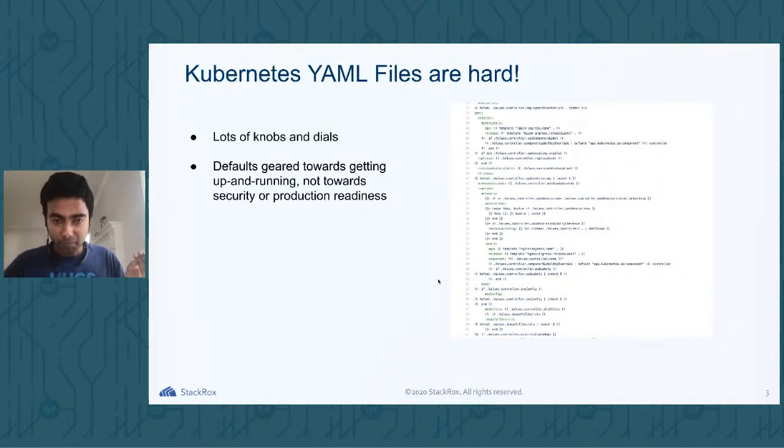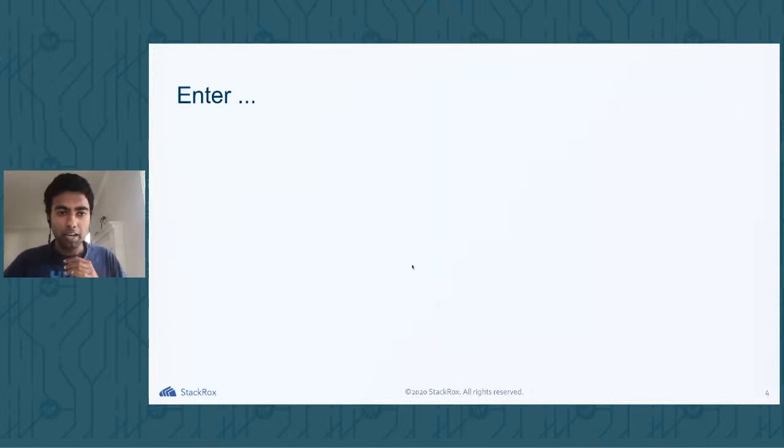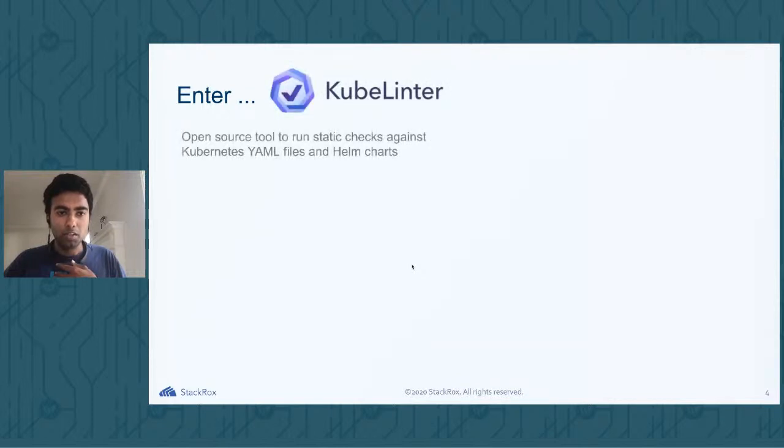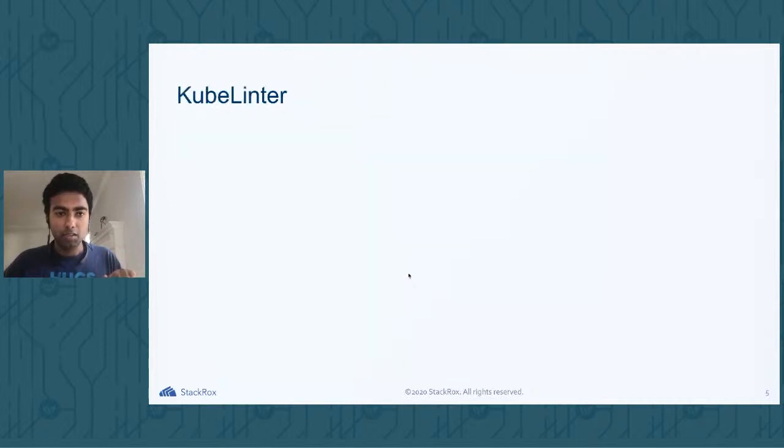And so you find configuring YAML files and deploying your applications into Kubernetes can be pretty challenging. And KubeLinter aims to help part of this problem. So basically, it's an open source tool to run static checks against Kubernetes YAML files and Helm charts.